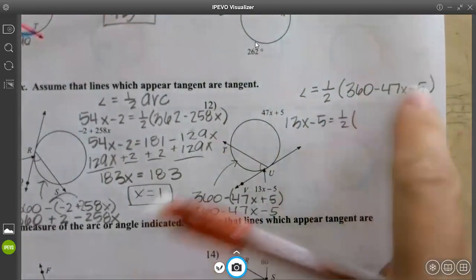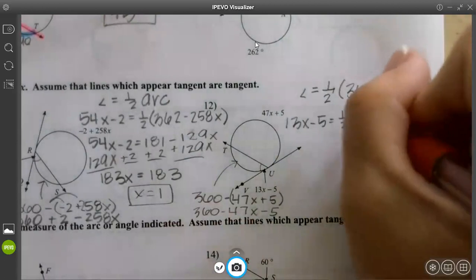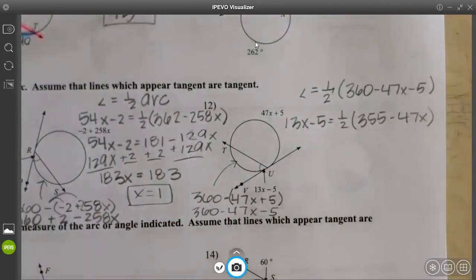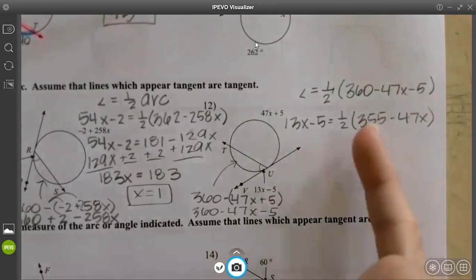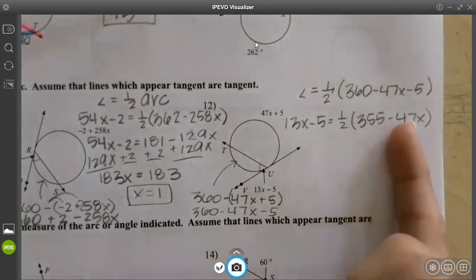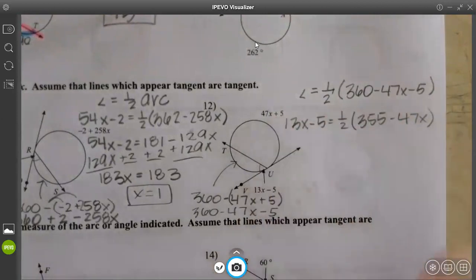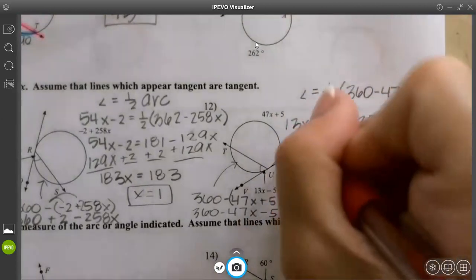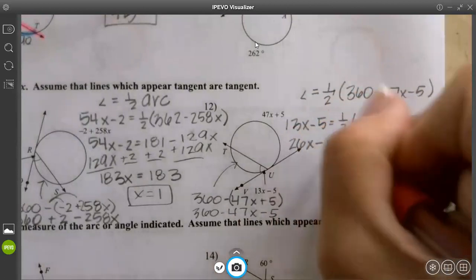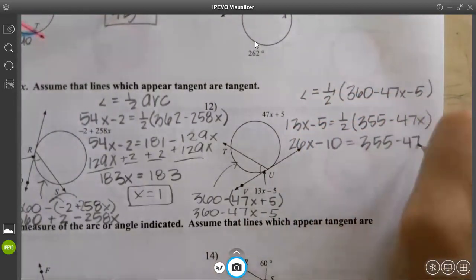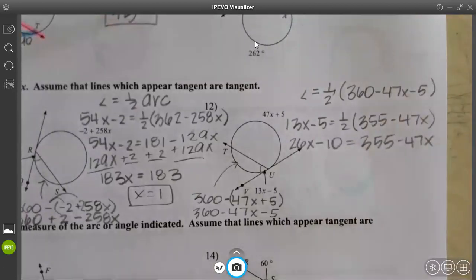We're going to clean this up. 360 minus 5 is 355 minus 47x. Here's what I was talking about. If these are odd numbers, you probably don't want decimals. Okay. So on this one, I would definitely multiply the other side by 2. So I'd get 26x minus 10 equals 355 minus 47x.